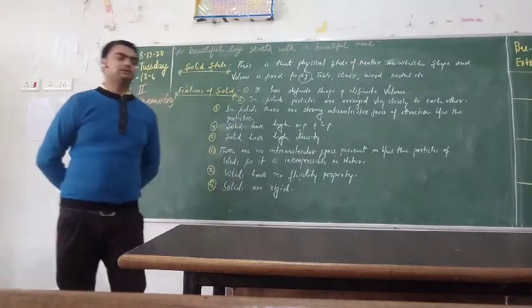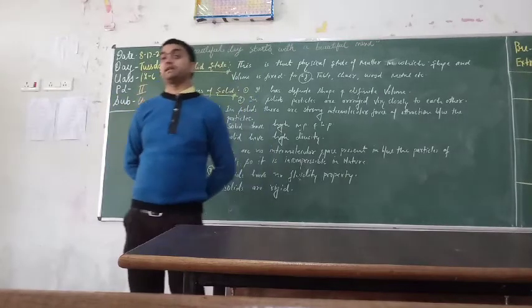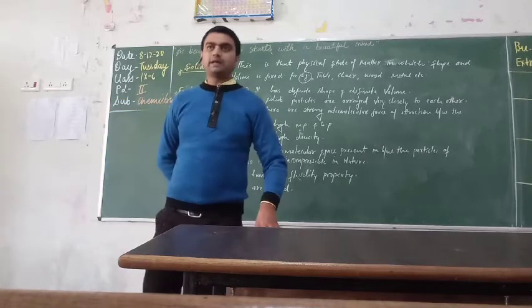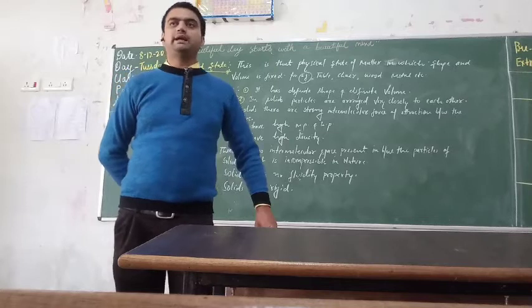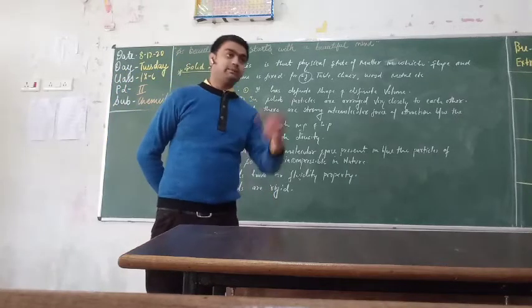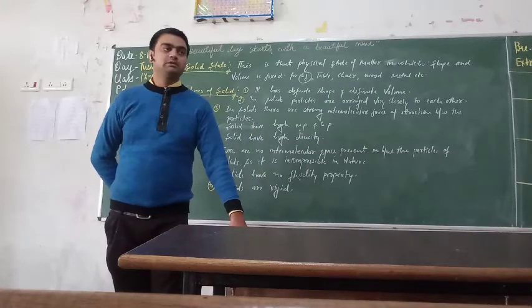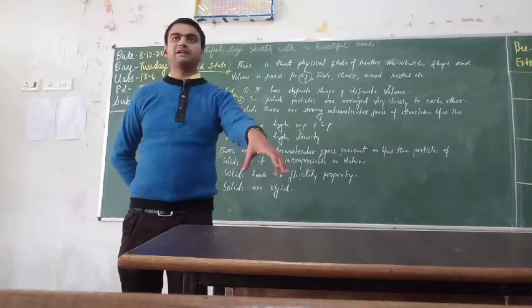Suppose when we ask about the solid, how can we say that the solid has definite shape or definite volume? Clear? So take a solid and put it in a box and leave that box for 1 week or 1 month. Has the shape of the solid which you put in the box changed?